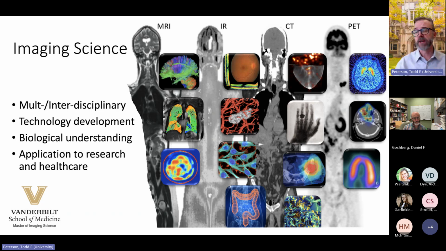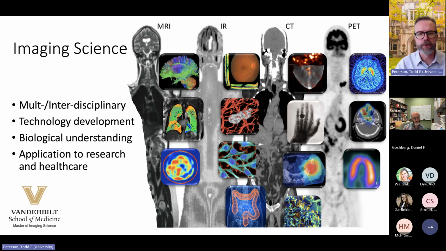In terms of imaging science research, there are many different aspects to that, such as the technology development, either creating new imaging modalities or trying to improve the technologies underlying individual imaging modalities to make them more sensitive or offer higher spatial resolution, better image quality.